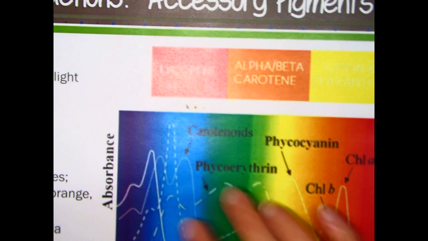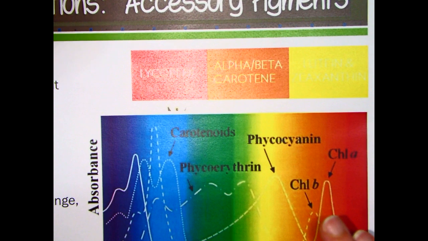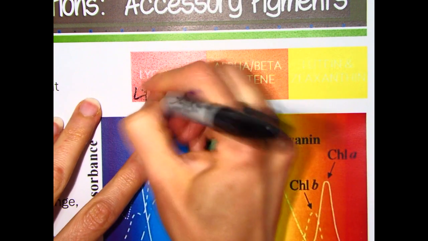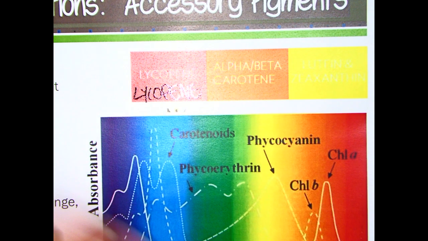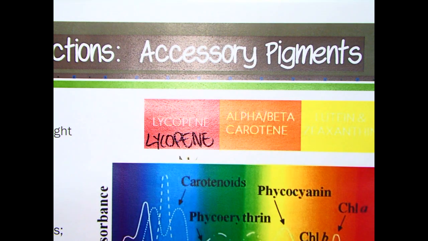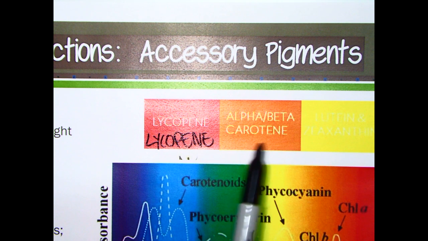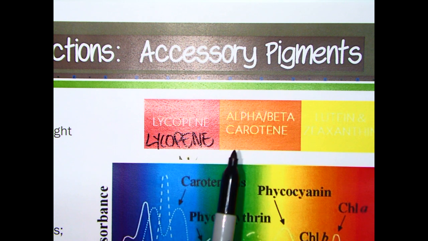Famous carotenoids, I don't know if you guys can see this. It's like too much light. Well, I'm just going to read it to you. Famous carotenoids include lycopene, which is the red pigment in tomatoes, alpha and beta carotene, which is in your orange vegetables, so like butternut squash or carrots or sweet potatoes or anything like that.